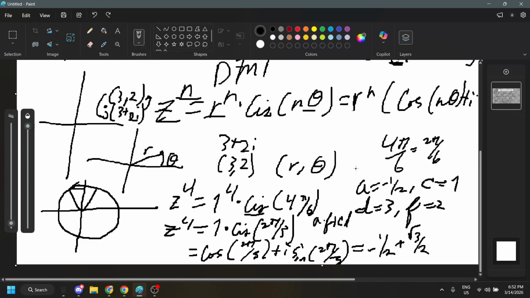So, given these values here, what is this?